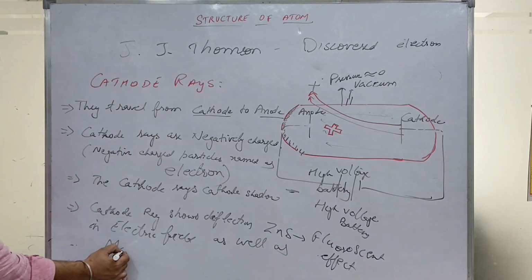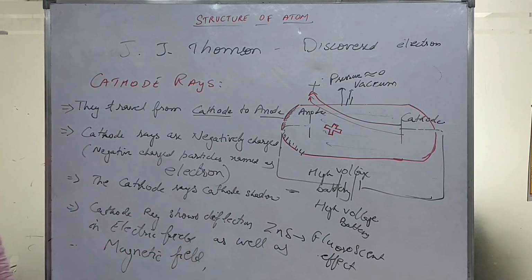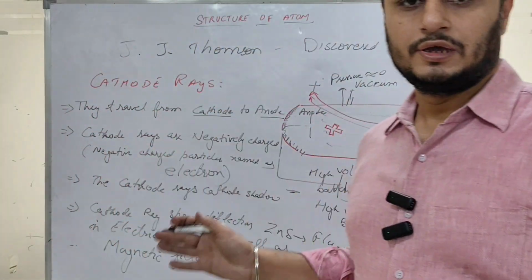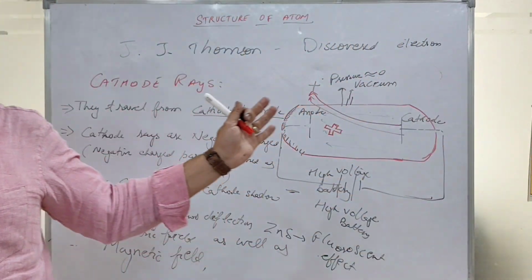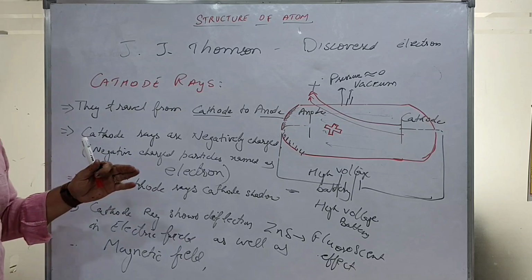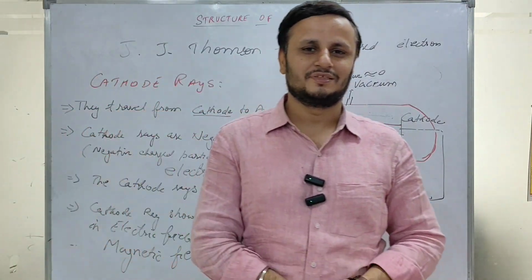These are a few properties of cathode rays, and they led to the discovery of the subatomic particle electron. And after the arrival of this electron, the whole of chemistry starts getting designed.